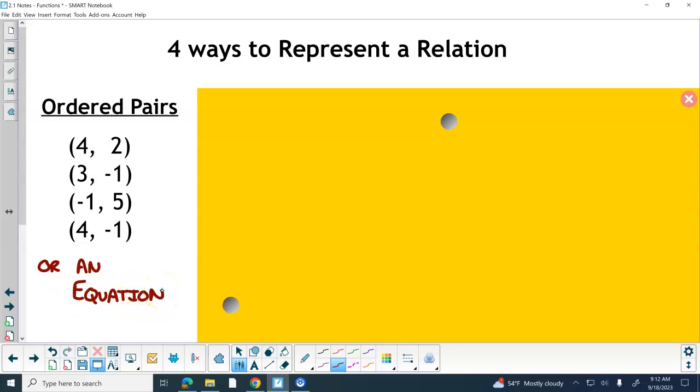For the example that I did, because I'm going to do these 4 points, I'm going to show you in the 4 different ways. Okay? So that could also be, instead of writing it out as an ordered pair, later on this week, we're going to write it out as an equation. Okay?